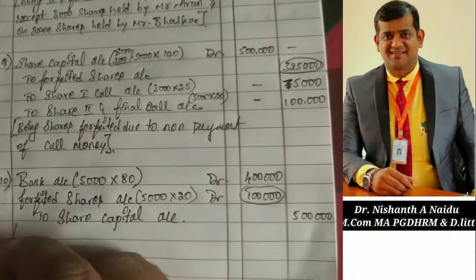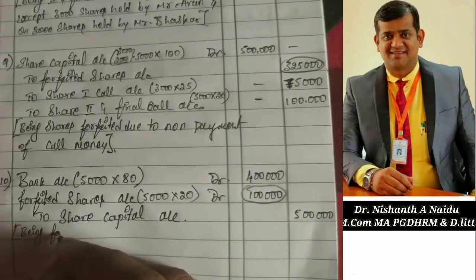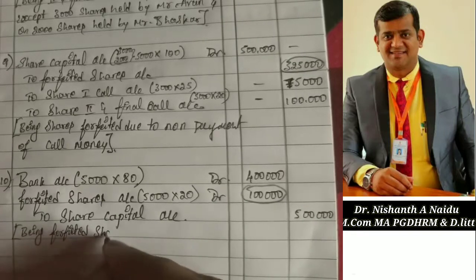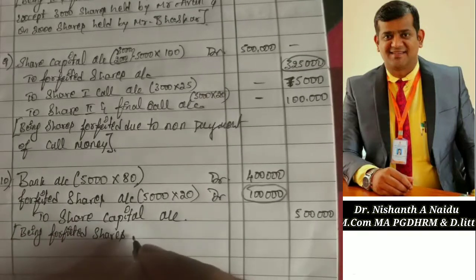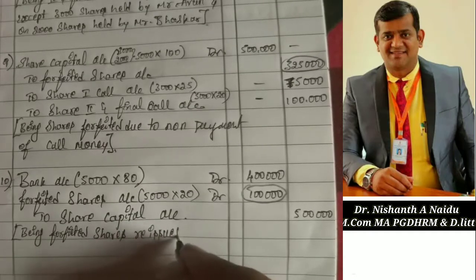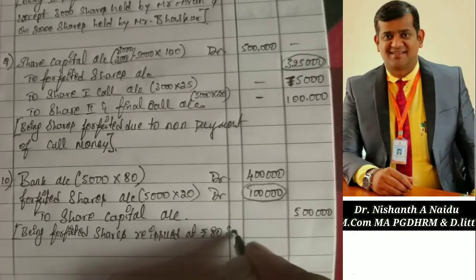Okay, so write down the narration, being forfeited shares reissued at rupees 80 each.